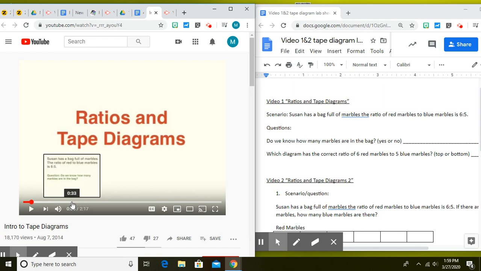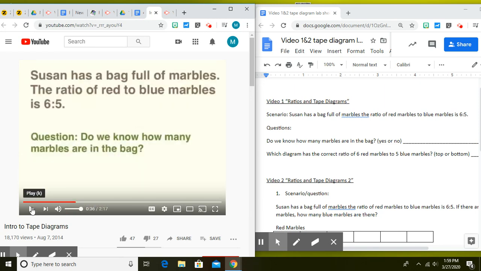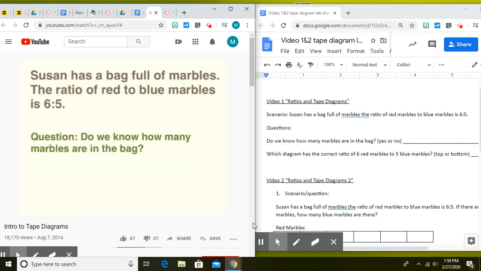The answer is no. So we know she has a bag full of marbles and that the ratio of red to blue is 6 to 5. But that just means for every 6 red marbles, there are 5 blue marbles. We don't know exactly how many are in there. It could be 11. It could just be 6 plus 5. But we're not sure if that's true.